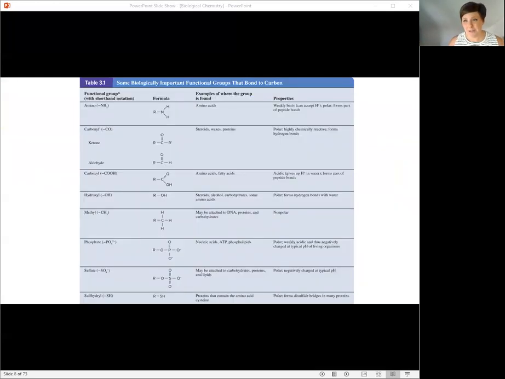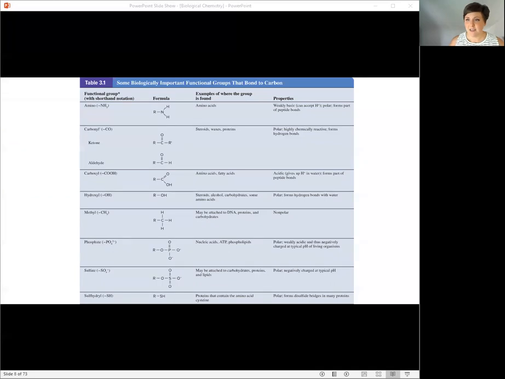Well, amino groups are weakly basic, and as mentioned by this chart, are really good at accepting hydrogens. As we will see, these are characteristic of amino acids, which are the monomers of proteins. Carbonyl groups, which are found in lipids like steroids and waxes, as well as proteins, are excellent at forming hydrogen bonds.